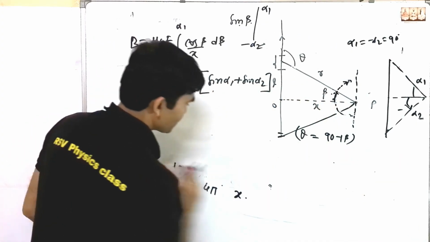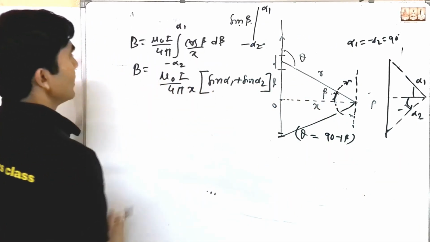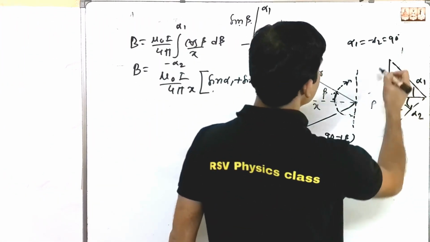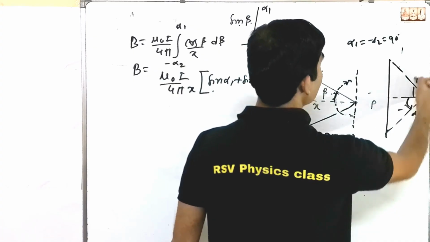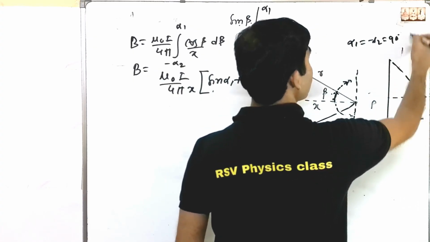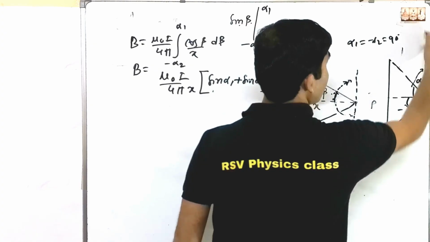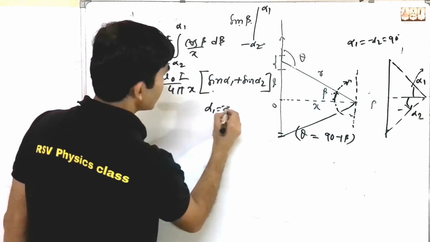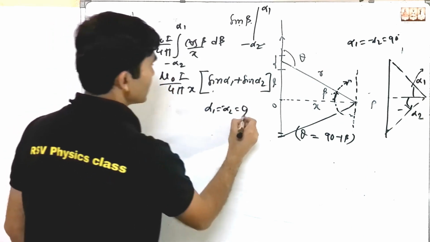For the sake of now, for an infinite wire, the angle will be going parallel very far, so alpha 1 and alpha 2 equal to 90 degrees.